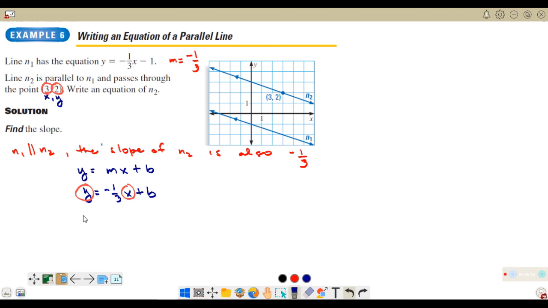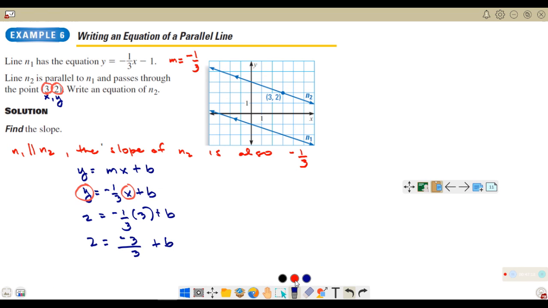So, y is equal to 2. And x is equal to 3 plus b. So, 2 is equal to negative 1 times 3 is negative 3 over 3 plus b. Negative 3 divided by 3 is negative 1 plus b.